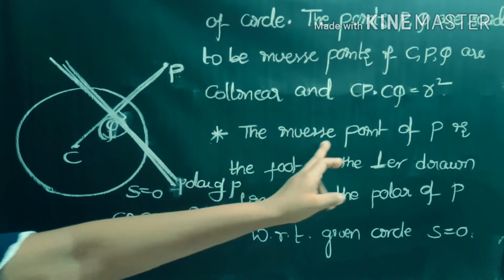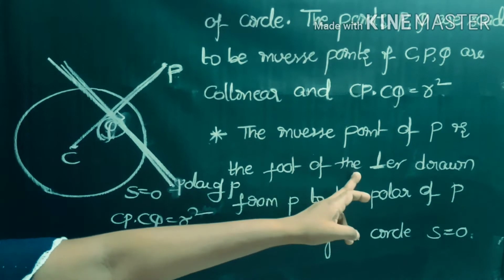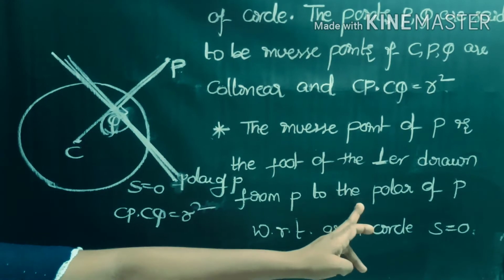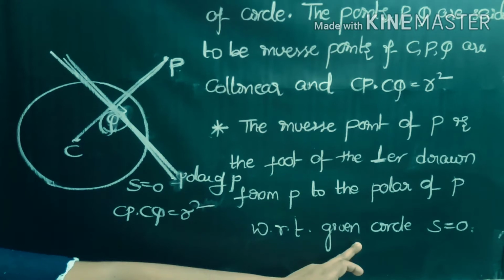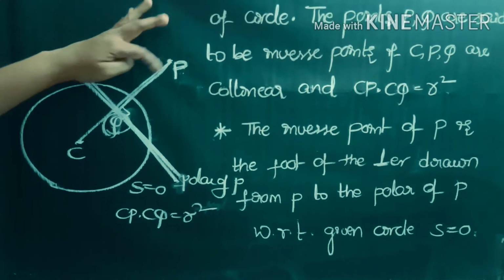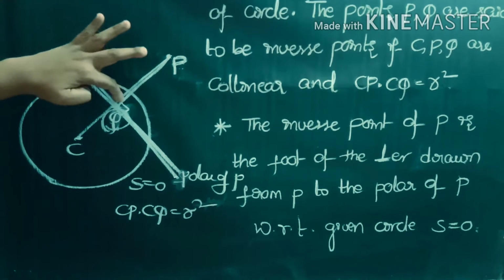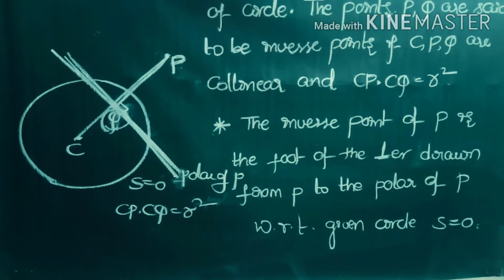So the inverse point of P is the foot of the perpendicular drawn from P to the polar of P with respect to the given circle S = 0.